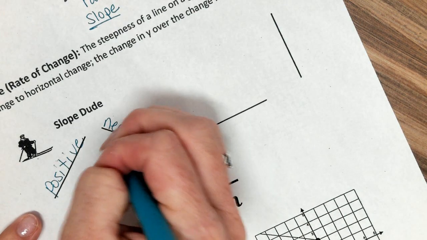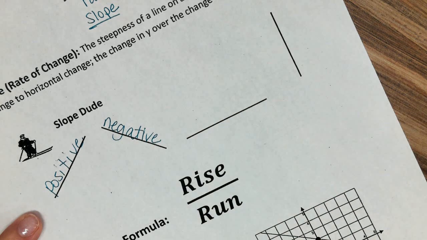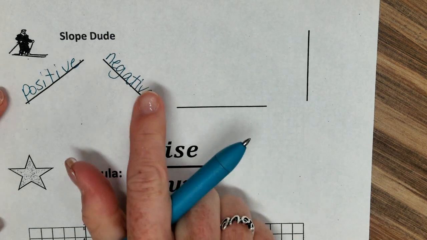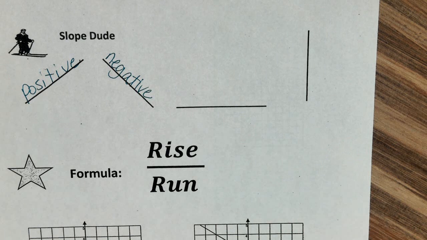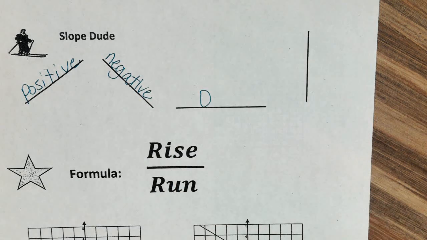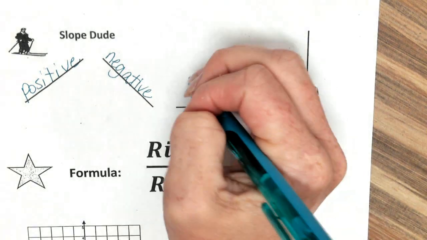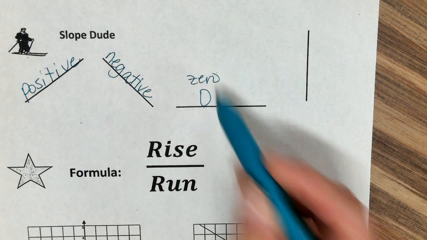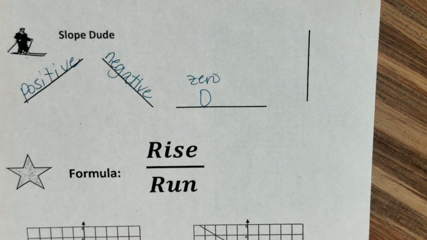He said nice, negative, because he actually was getting to ski. Then he got on the flat part, which is like cross-country skiing. And what did he say? This is zero fun. So this is a zero slope. You could also write the word zero, however you want to do it. It is a zero slope.